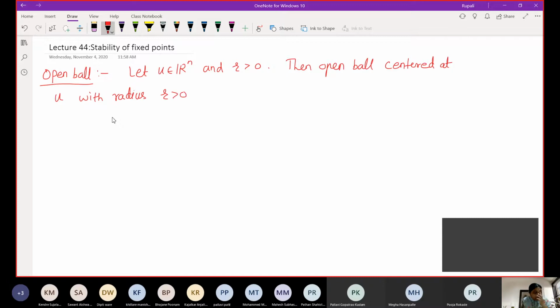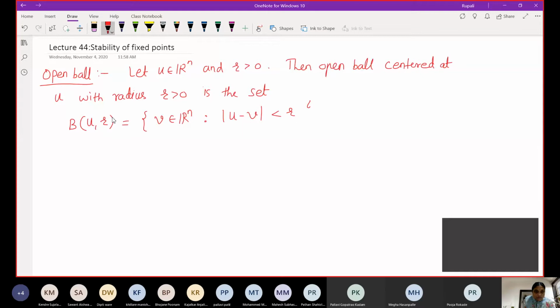What is that? It is the set of all points whose distance from U is strictly less than R, right? So it is the set which is denoted by B(U, R), and is given by the set of all points V in Rn which satisfy the property that the distance between U and V is strictly less than R. If it is less than or equal to, then it will be a closed ball.